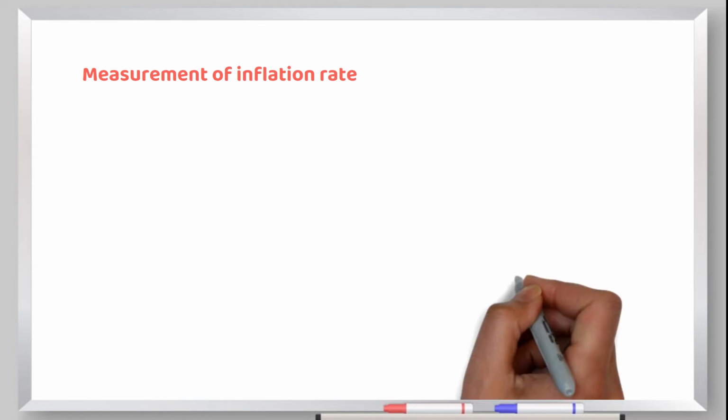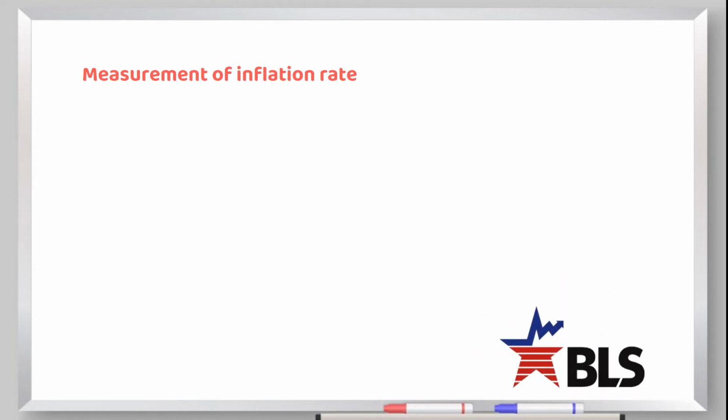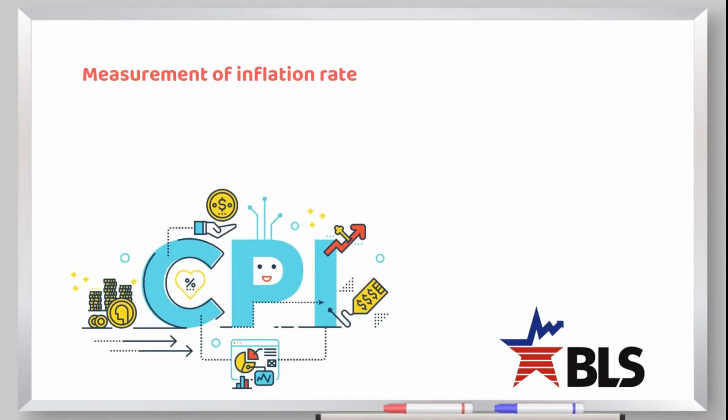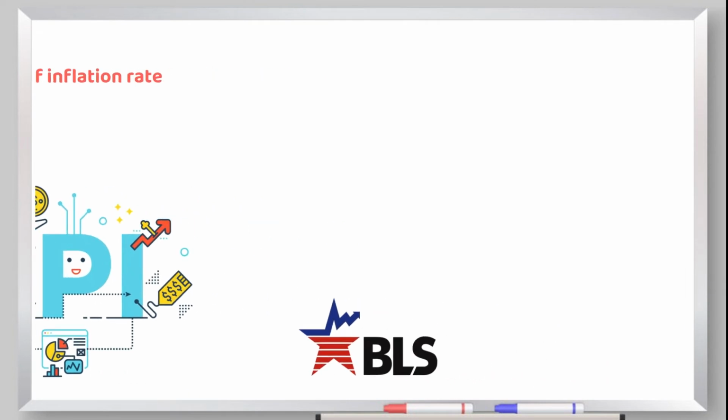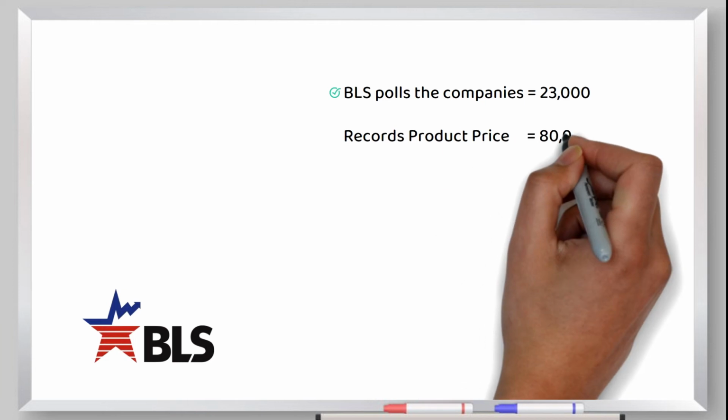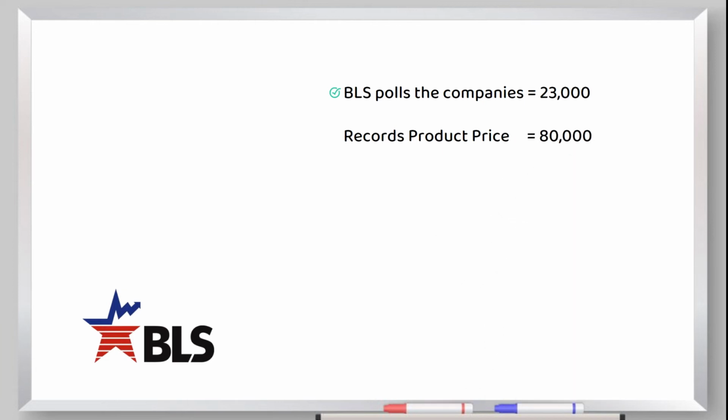Who and how does the inflation rate get measured? The Bureau of Labor Statistics, BLS, produces the Consumer Price Index, CPI, which is the most generally used indicator of inflation. Every month, the BLS polls 23,000 companies and records the prices of 80,000 products to show the changes in goods and services.